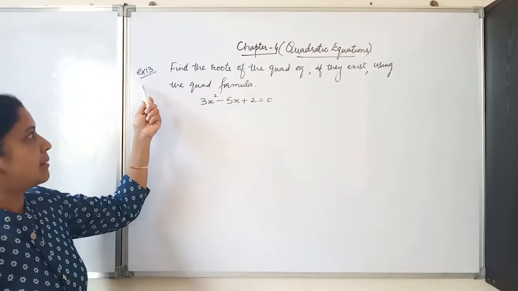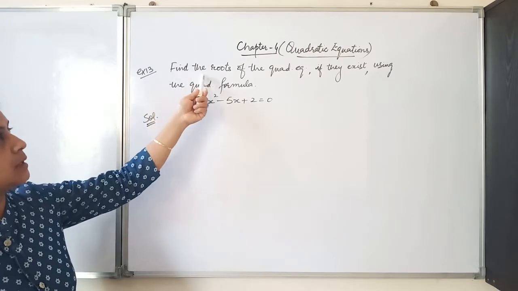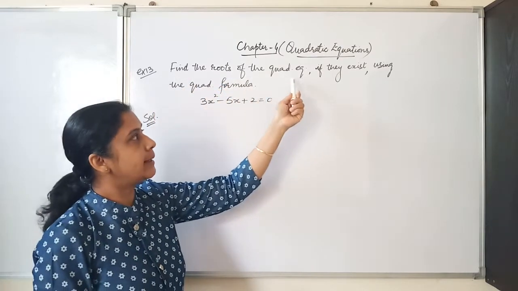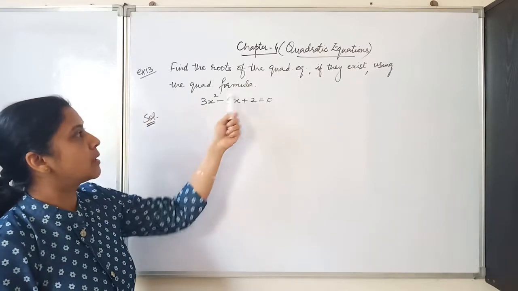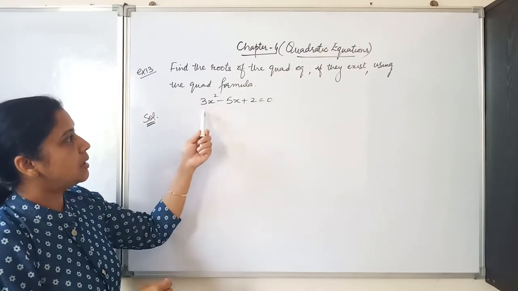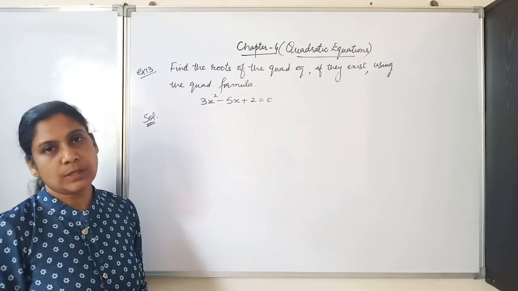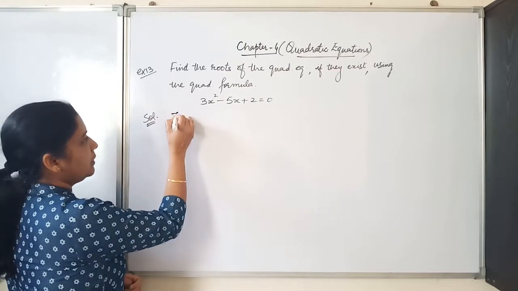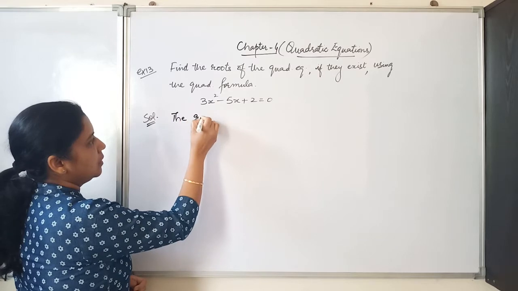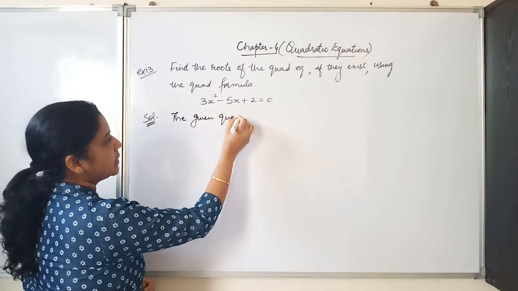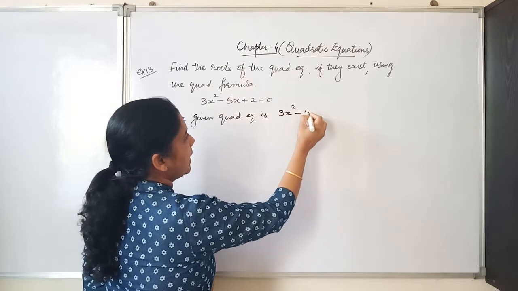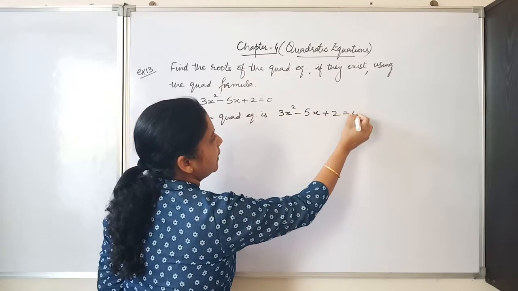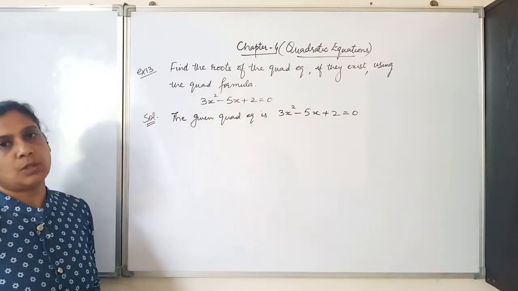Let's start doing example 13, which says: find the roots of the quadratic equation, if they exist, using the quadratic formula. The equation is 3x square minus 5x plus 2 is equal to 0. We will be starting with the solution. The given quadratic equation is 3x square minus 5x plus 2 is equal to 0.